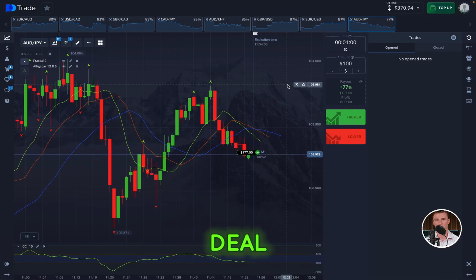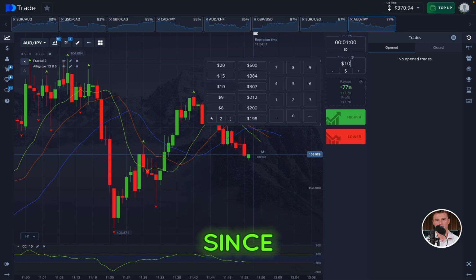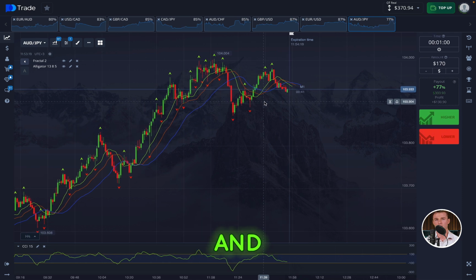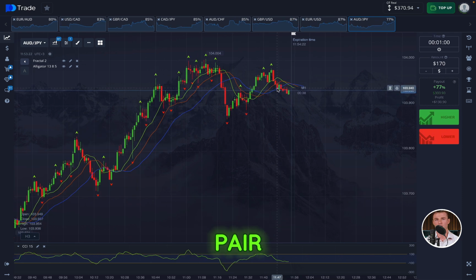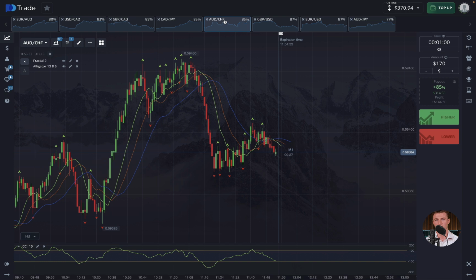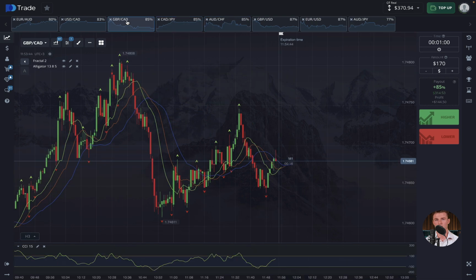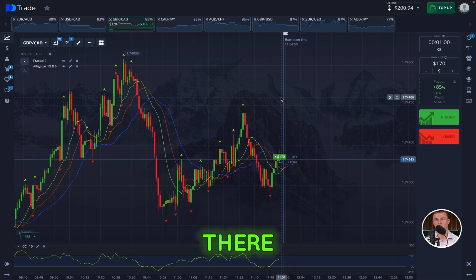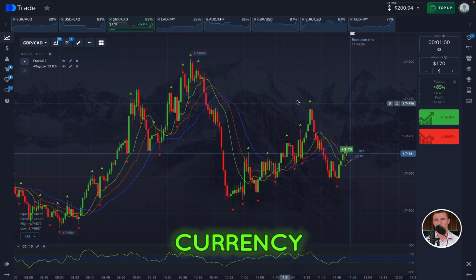Let's probably open a deal for $170 now, since the balance currently allows it. And let's continue, and I'll pick the next currency pair. Here you can try to open a deal for an increase. There is also a good upward trend in this currency pair.